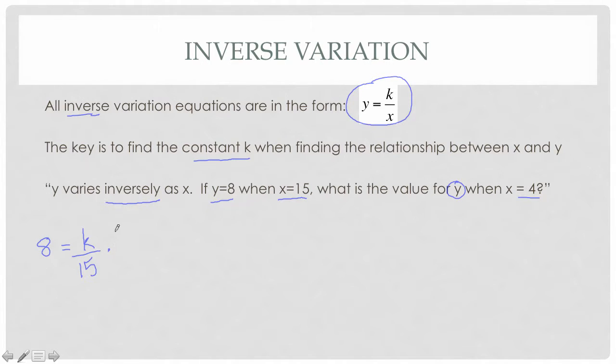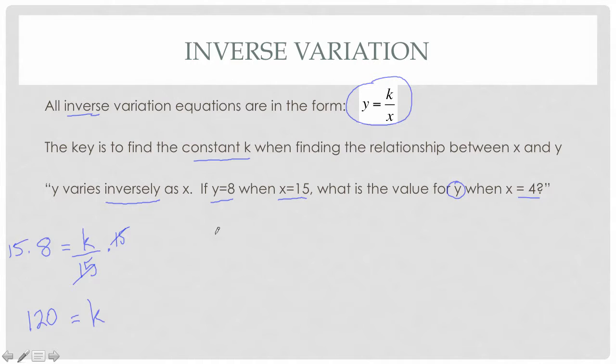Well, to solve for it, I need to multiply both sides by 15, and k is going to equal 8 times 15. 8 times 15 is going to be 120.